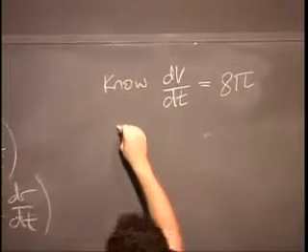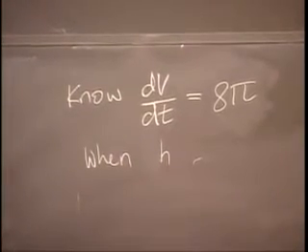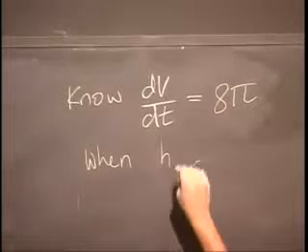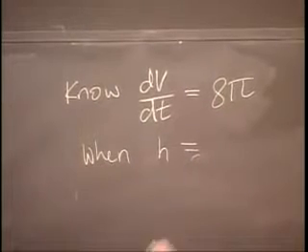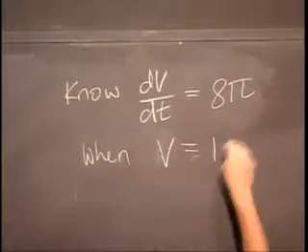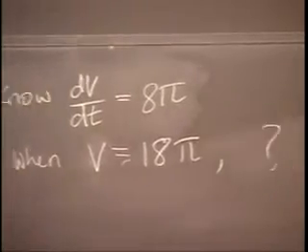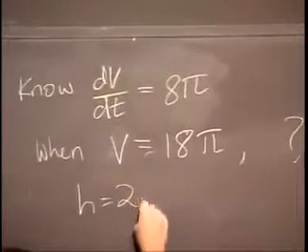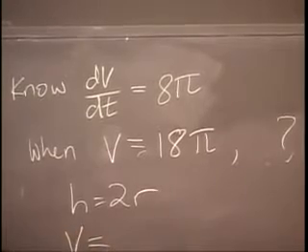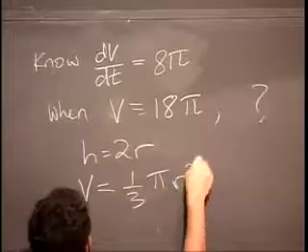Also, we want to know what happens when the volume is 18 pi. Well, I come back to my original two equations. Again, we have h equals 2r, and we have V is equal to 1/3 pi r squared h.